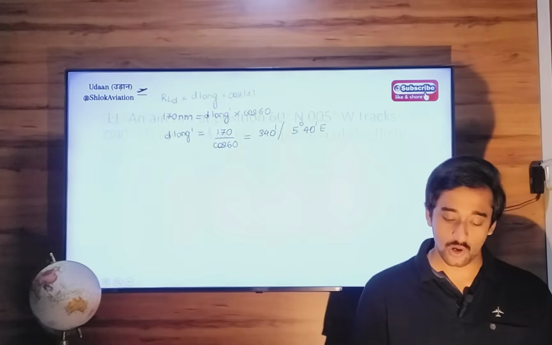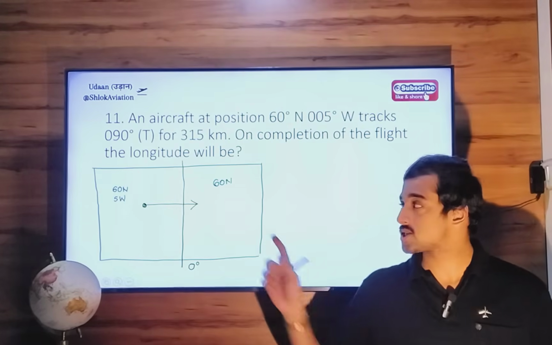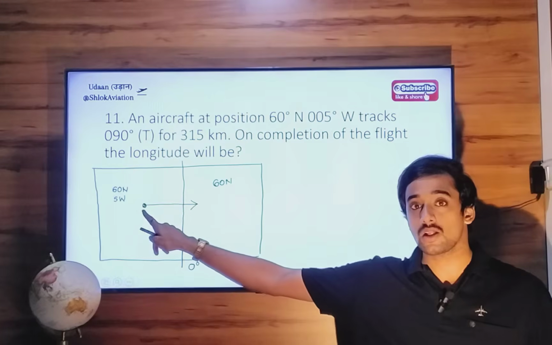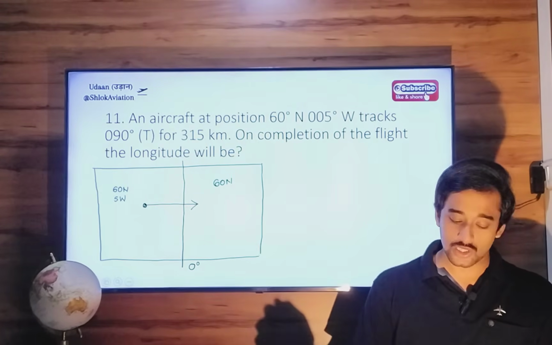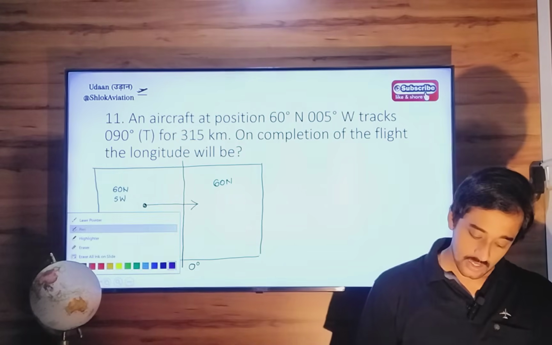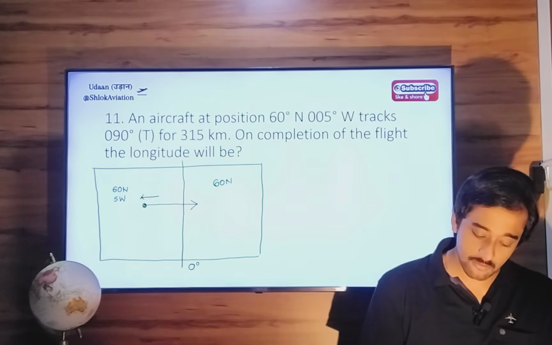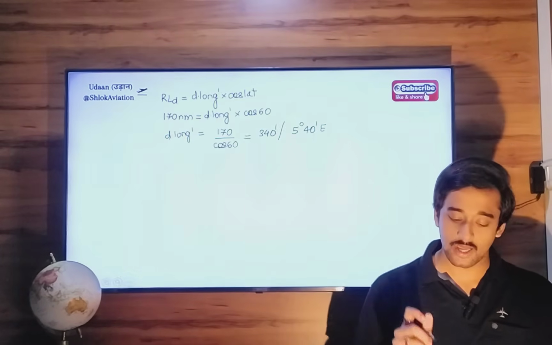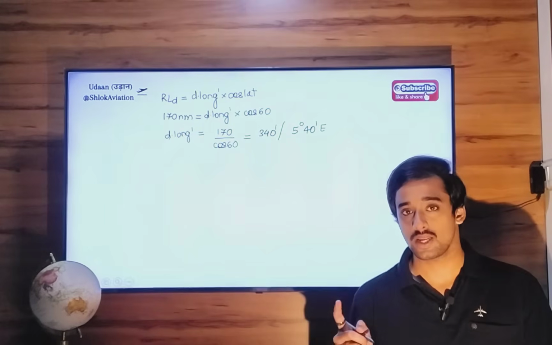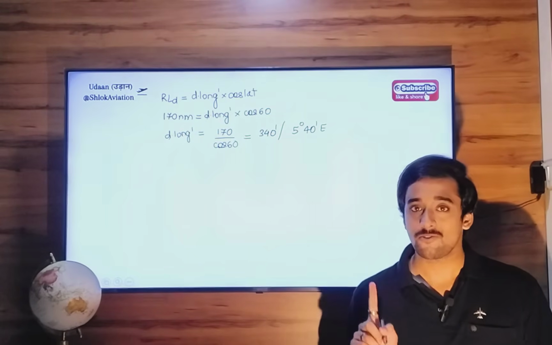That means your new longitude is 5 degree 40 minutes to the east of your initial longitude. Your initial longitude is 5 degree west. Now the d long between the prime meridian and this 5 degree west longitude is 5 degree. The d long that we got is 5 degree 40 minutes, so it's more than 5 degree by 40 minutes.